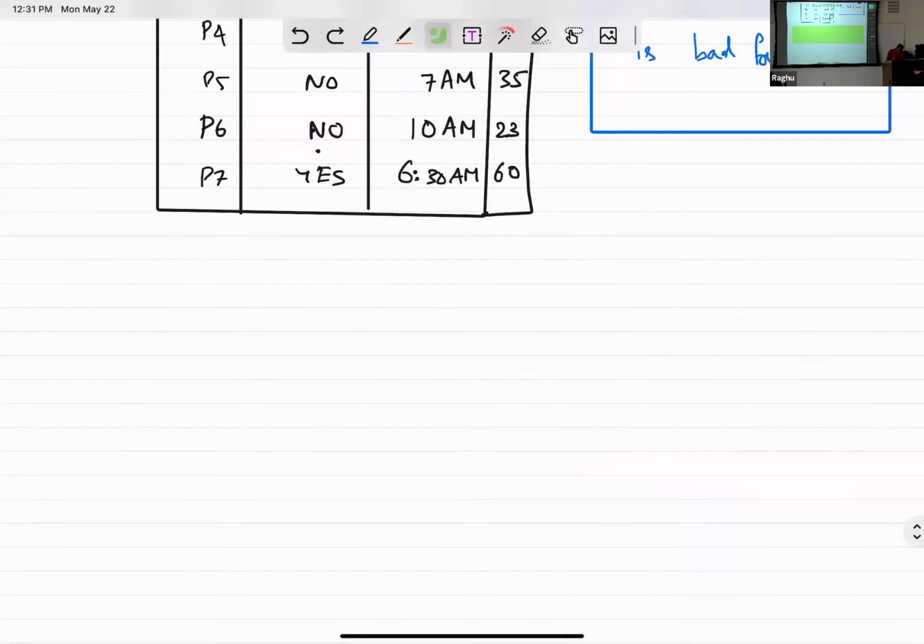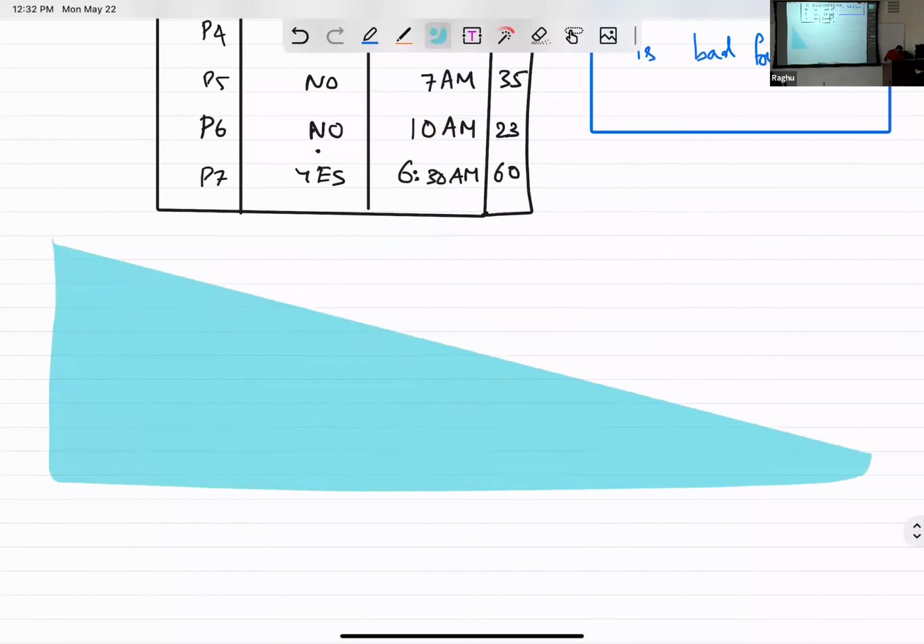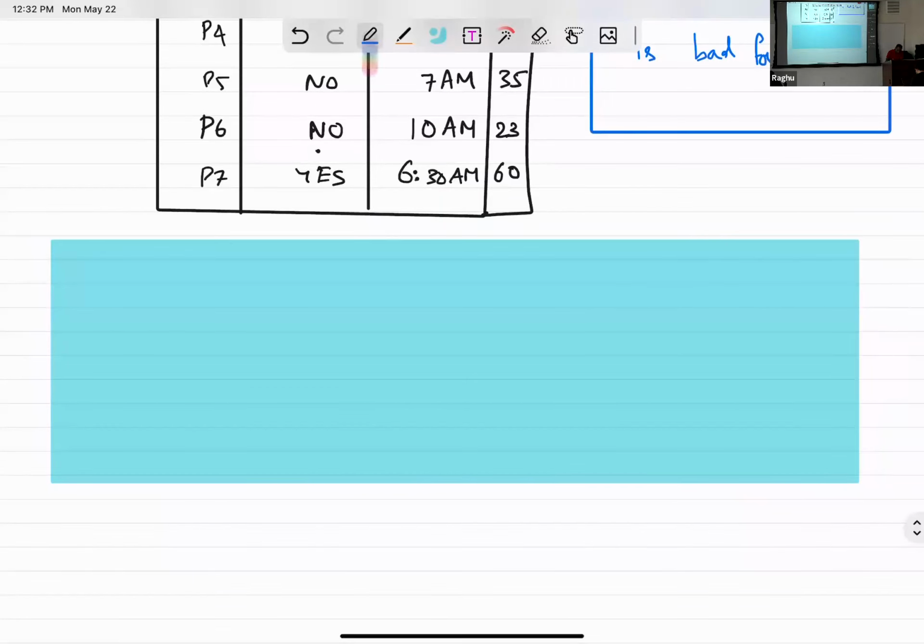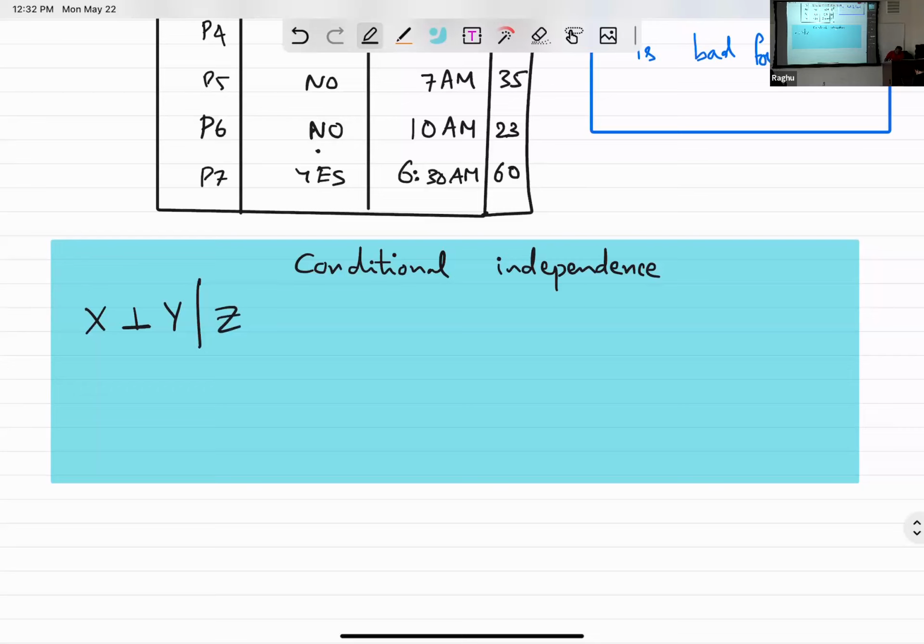Okay. All right. So conditional independence is similar to before. We have 3 random variables now, X, Y, and Z, and we'll say X is independent of Y conditioned on Z if and only if the conditional distributions of X and Y are independent.